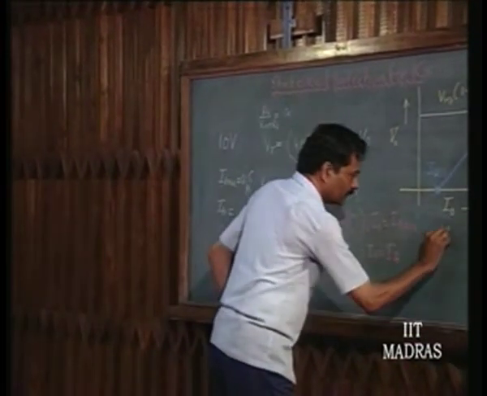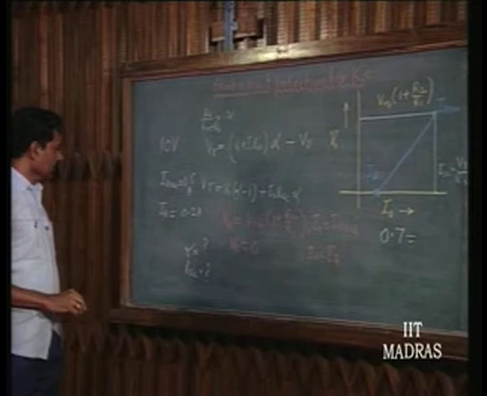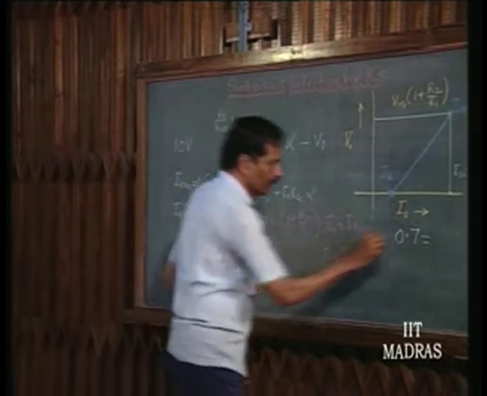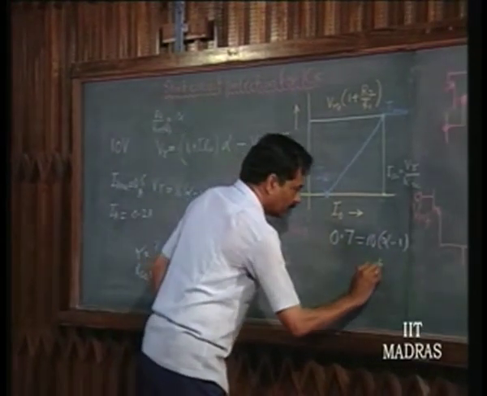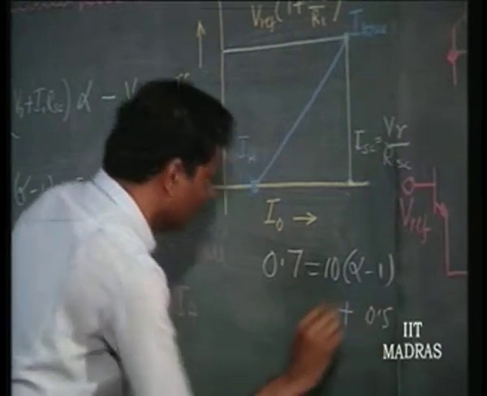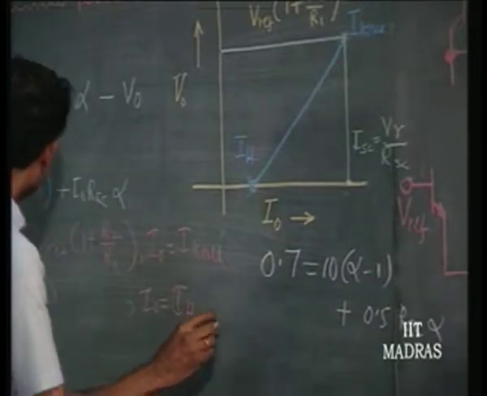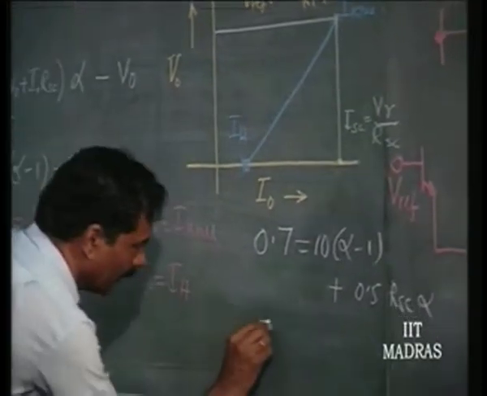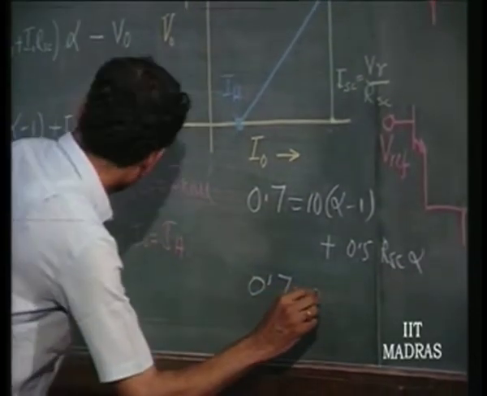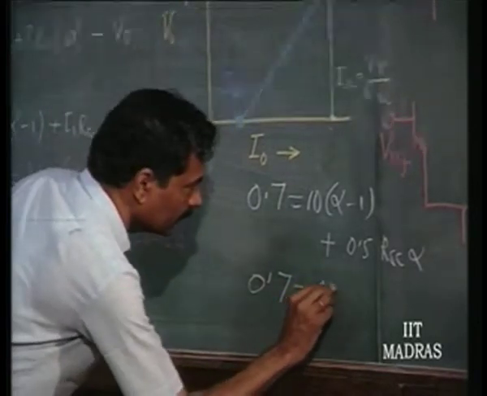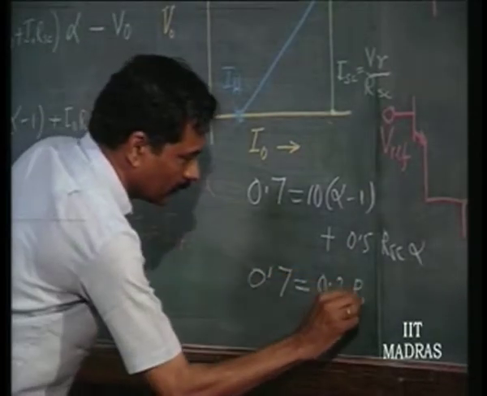So, V gamma is 0.7, let us take. V naught is going to be equal to 10 volts, alpha minus 1, plus I naught is 0.5 amperes, RSE alpha, and therefore, then V naught is equal to 0, again 0.7 equals I naught is I hold, which is 0.2 amperes, and then RSE.